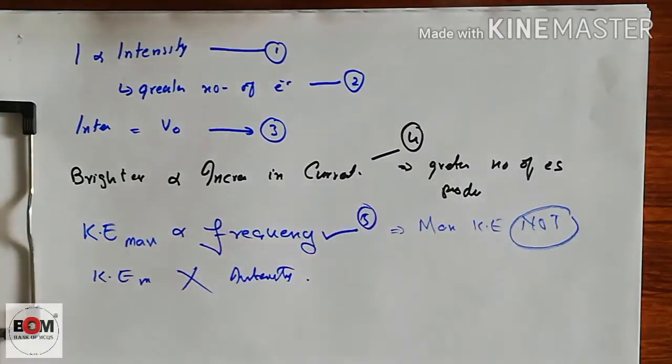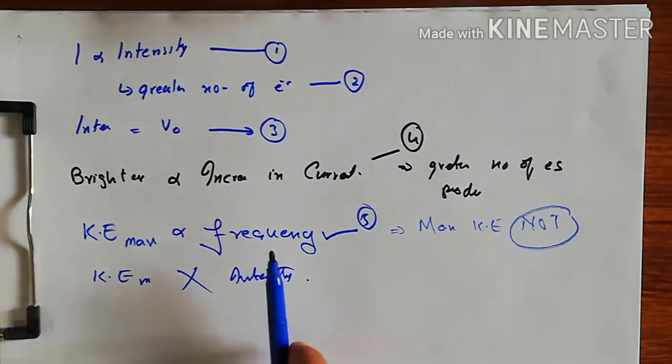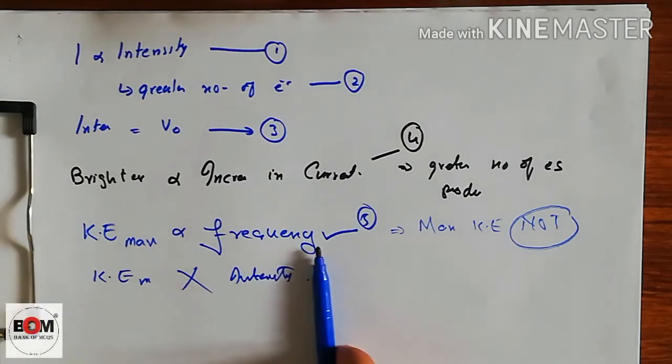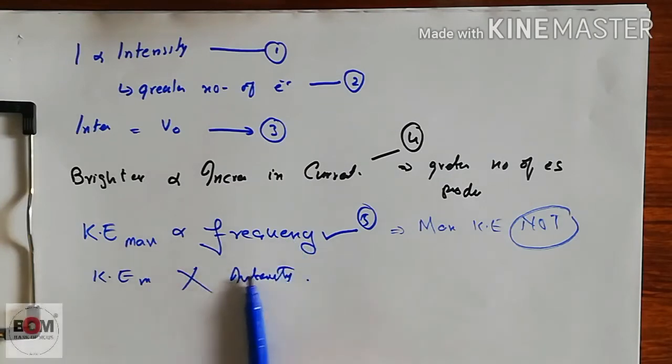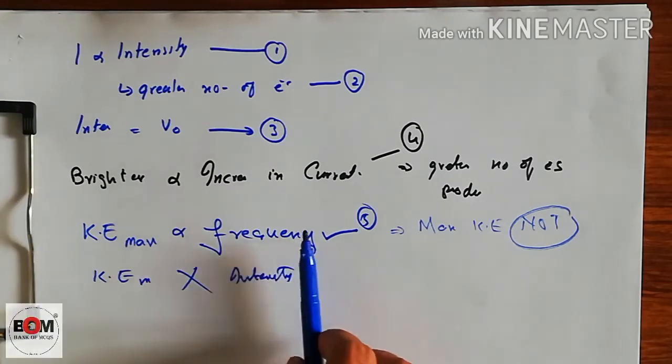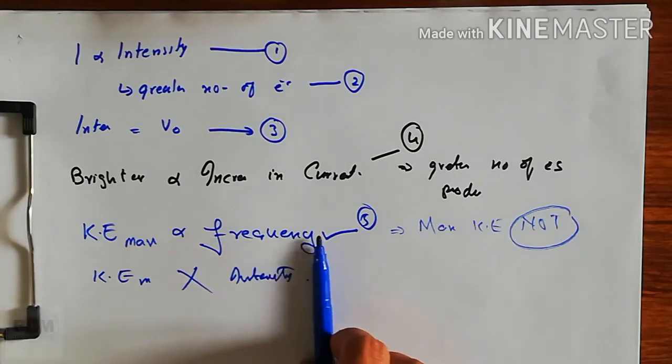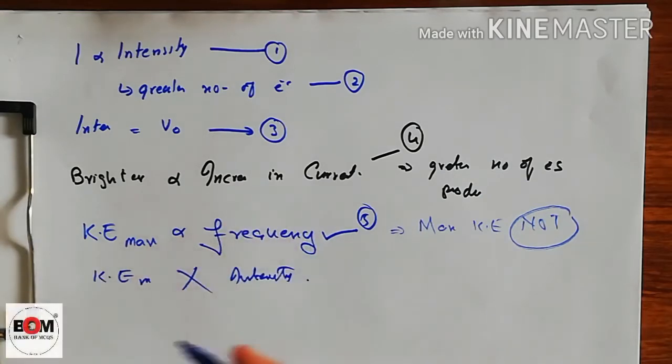Point number 5. The next is there is a threshold frequency. Below that frequency no electrons will be emitted. If we increase the intensity very high, but the frequency is not at the threshold frequency, no electron will be produced.